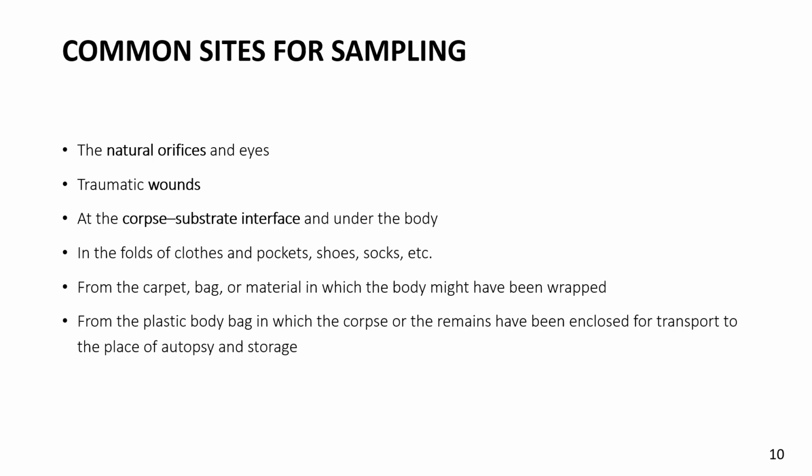The body in contact with the soil, that interface, will attract more insects. Also in the folds of clothes and pockets, shoes, socks, etc., from the carpet, bag, or material in which the body might have been wrapped, any tissue left behind in those materials, and from the plastic body bag in which the corpse or the remains have been enclosed for transport to the place of autopsy and storage. So from these sites we have to do the sampling.